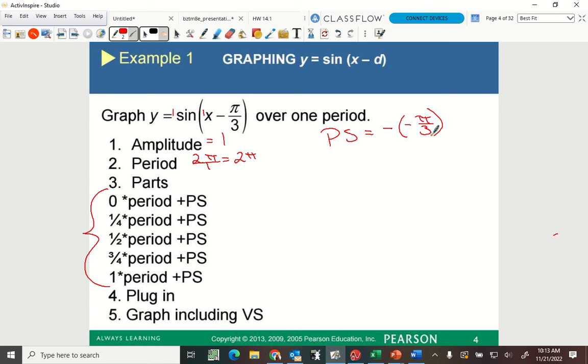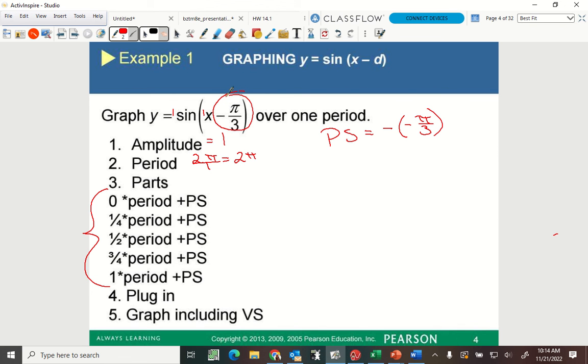Because remember, it moves in the opposite direction. Since this one is a negative, two negatives give me a positive. So it's going to be plus pi over 3.